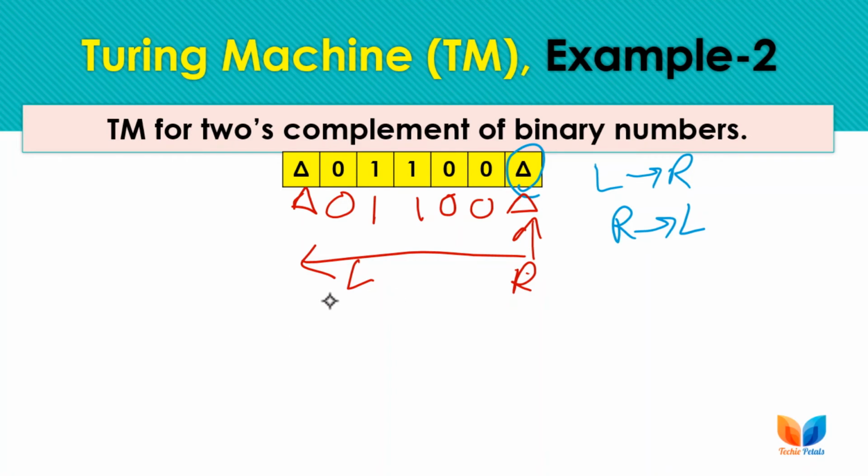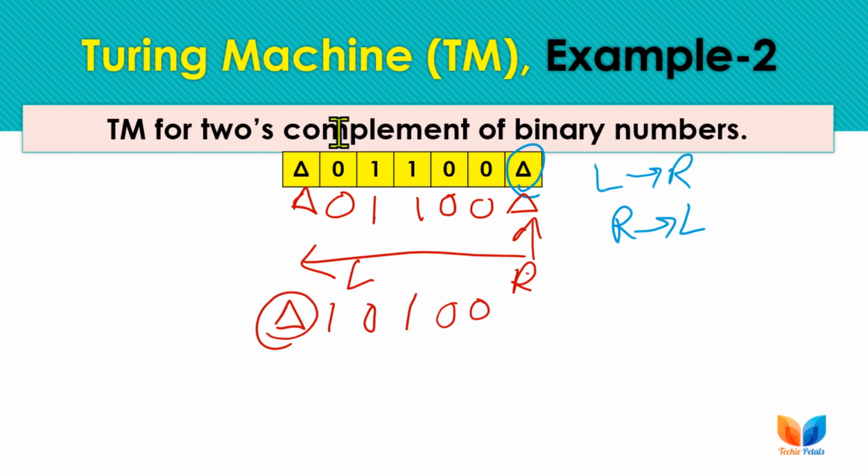So while moving in the left direction, we will be replacing all zeros with 0 until we get the first one, and after that simply ones complement the remaining input. So here this 1 will be converted to 0 and 0 will be converted to 1, and we can stop the operation at this blank.